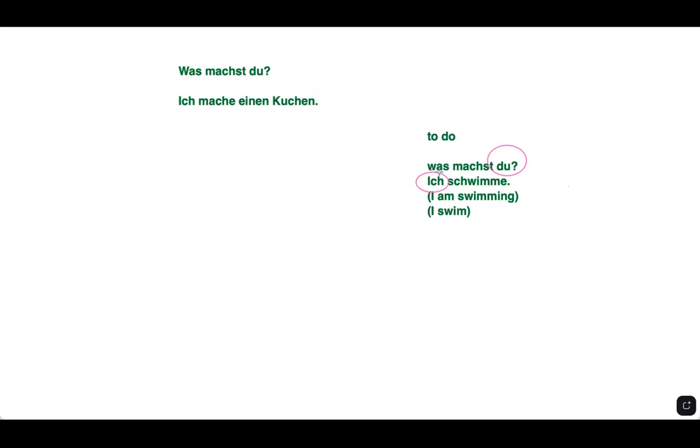So, ich schwimme, right? There are some rules in German. You can't say ich schwimm or ich schwimmen. Everyone makes mistakes with this, saying later on ich schwimmen. Is it correct? No, no, no. You have to conjugate it. And I will keep on telling you guys, so don't get mad.